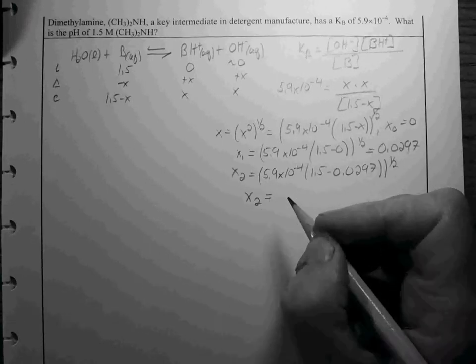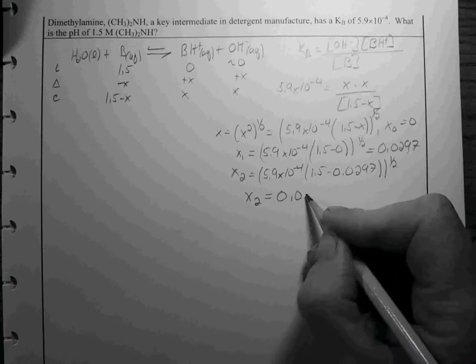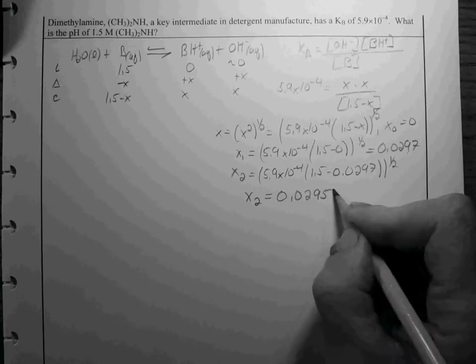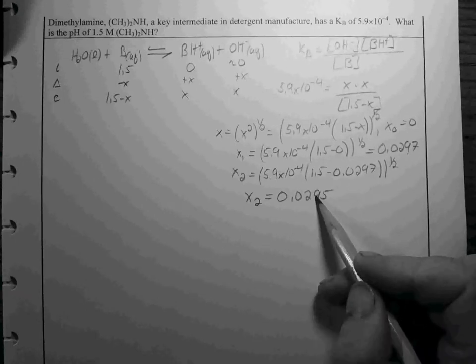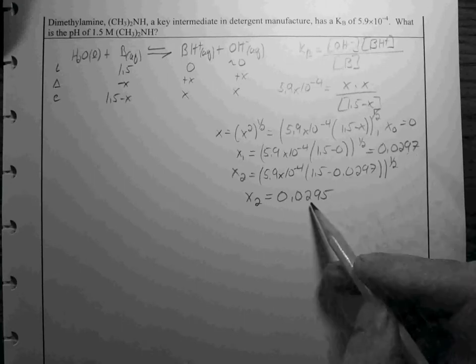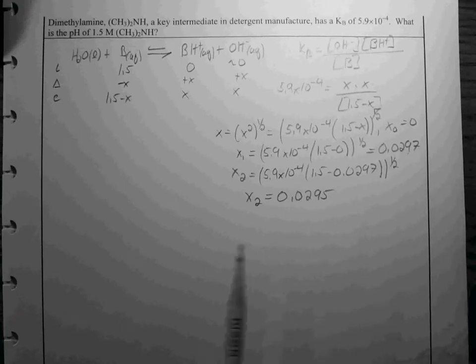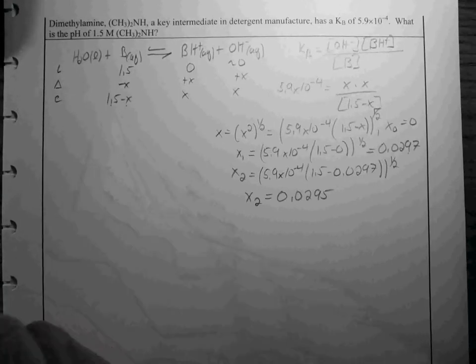We get our value of x2 is 0.0295. Okay, so we see that there's essentially no change within significant figures between our first and second approximation, and that means that this x is negligible compared to our initial concentration.